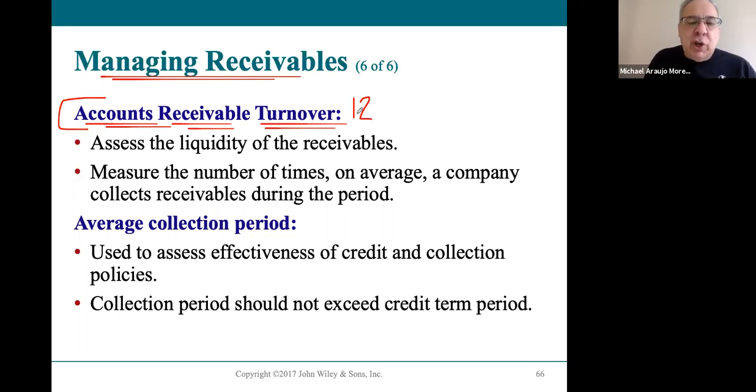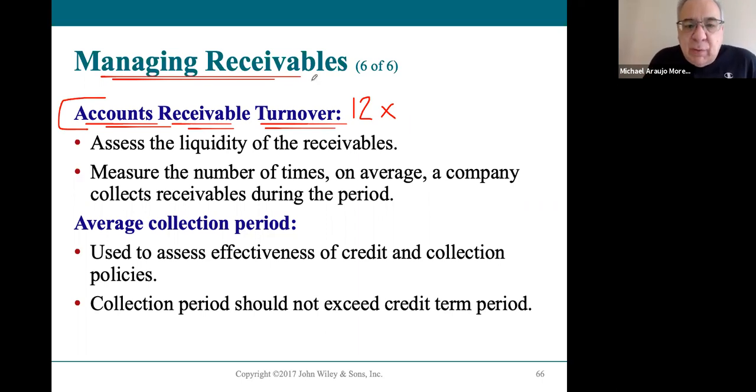So you should be turning over your receivables 12 times a year if you have a 30-day receivable window, which most businesses do. There's some industries that work on 45 or 60 days, but most businesses are 30 days. So you should be turning those over 12 times a year.